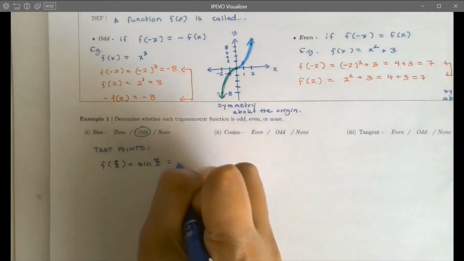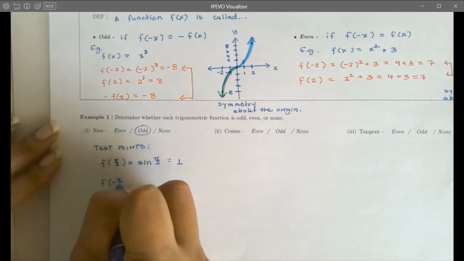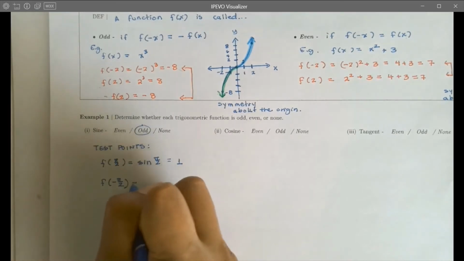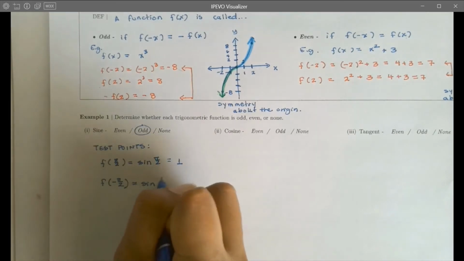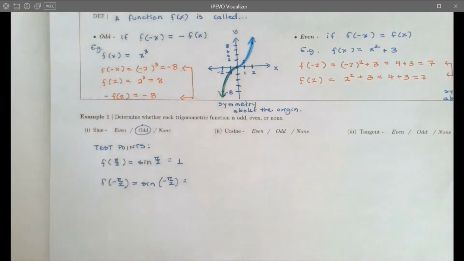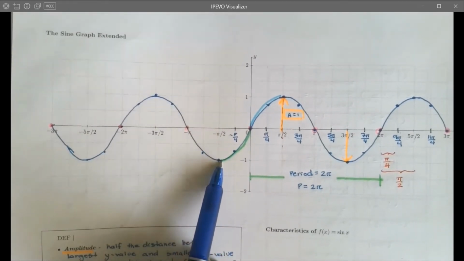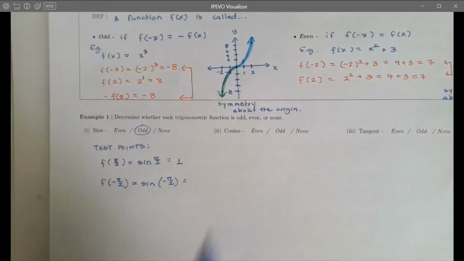Now if I check what is f of negative pi over 2, meaning if I plug in negative pi over 2 into sine, for sine, we get negative 1.